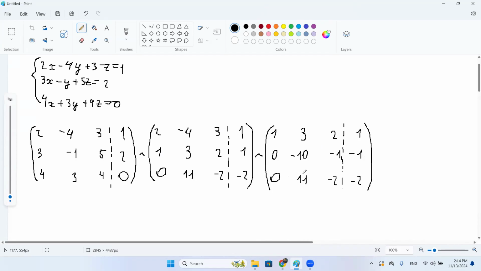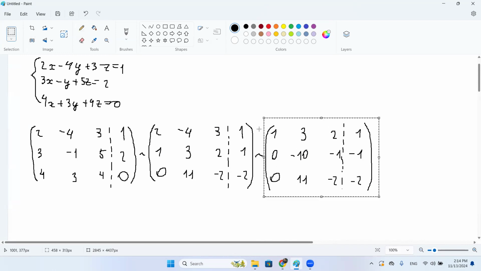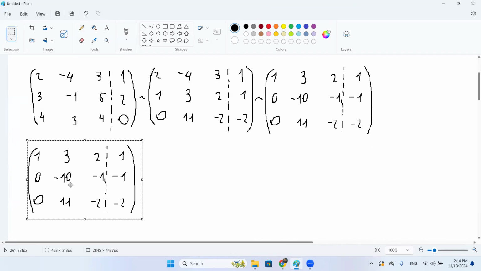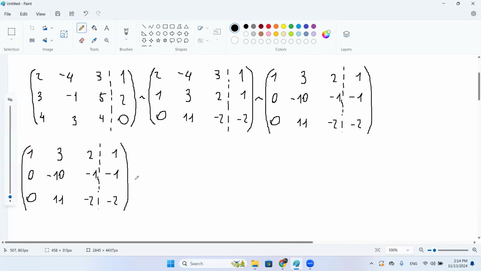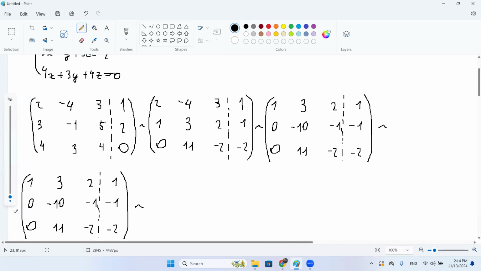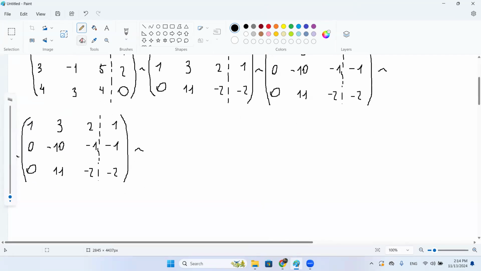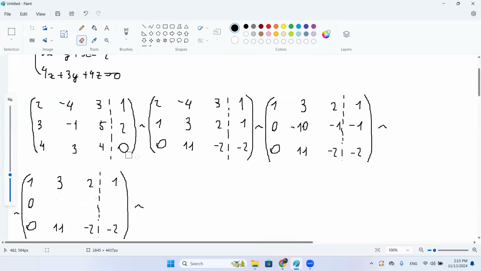And now I will add the third row to the second. So what I will receive, we'll just add them. So 1 minus 3 minus 3.